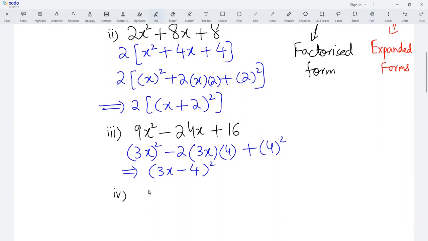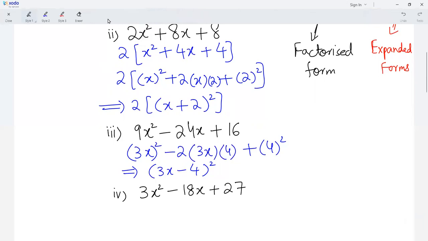So it can be 3x squared minus 18x plus 27. Look at this specific expression, whether something is common in this complete expression. You need to take it common.